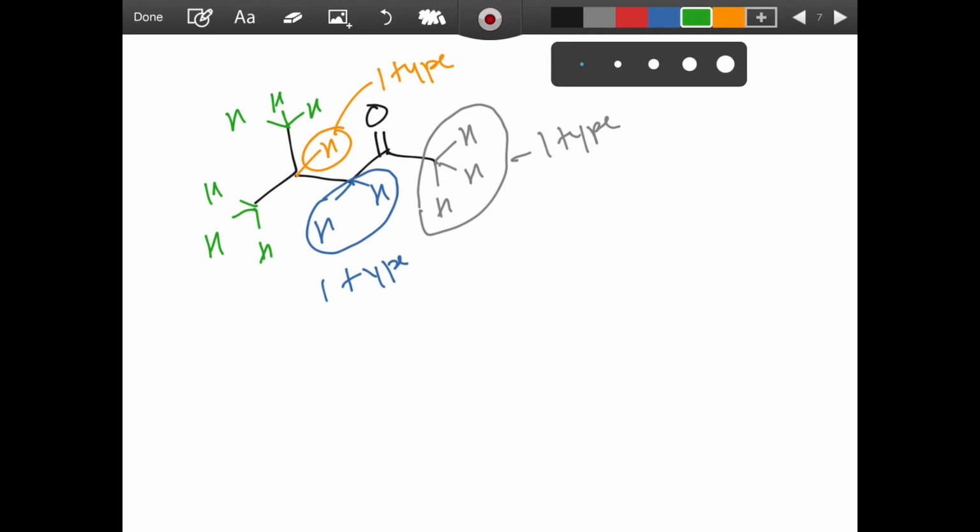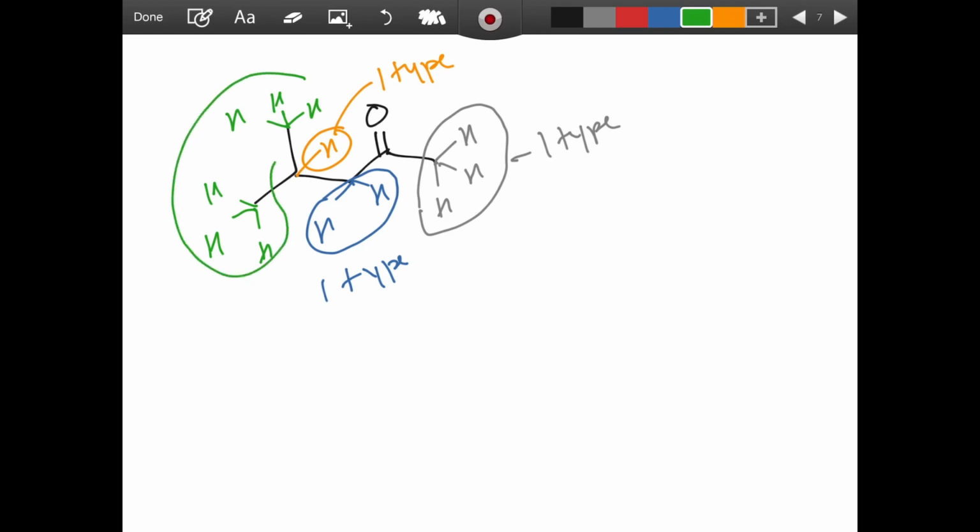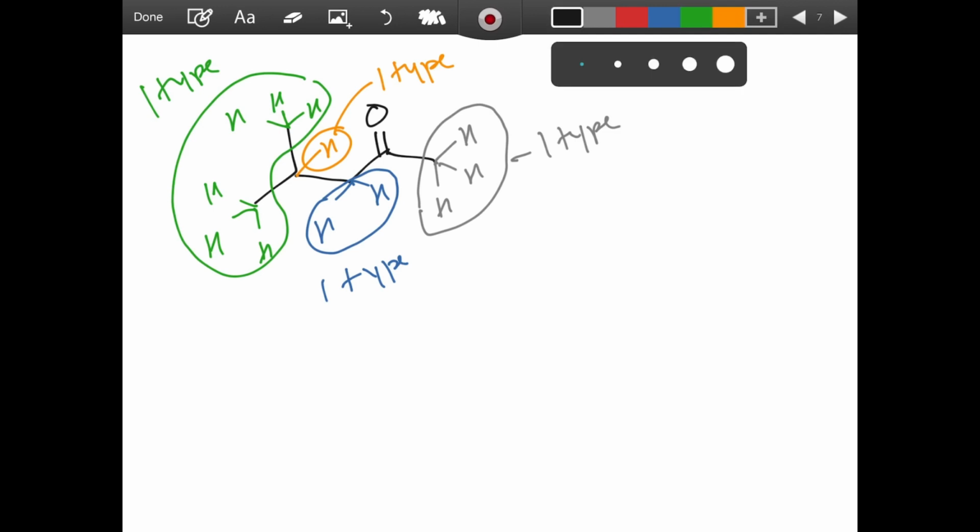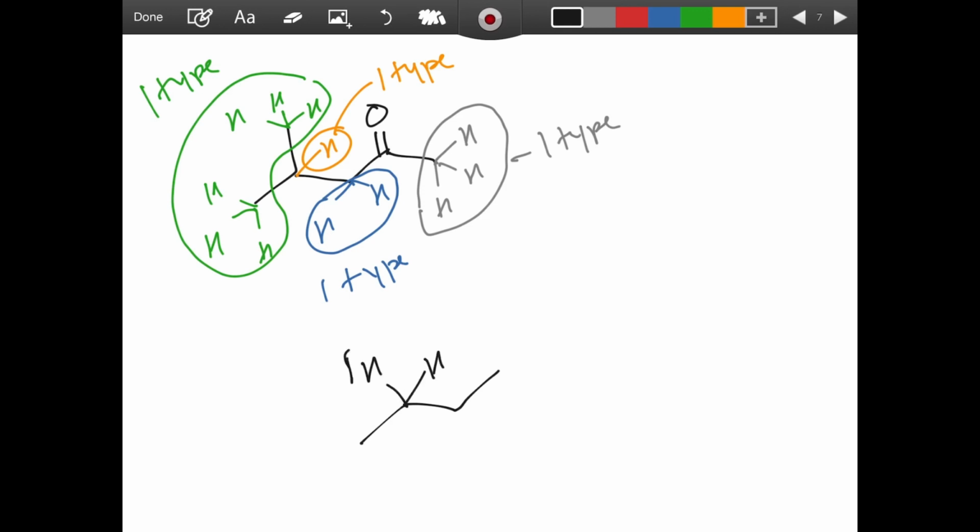And now these two methyl groups on this isopropyl, these are the same. This is one type. So just like a CH2, having two hydrogens on the same carbon makes those hydrogens the same.